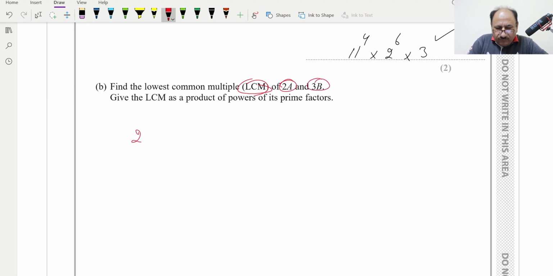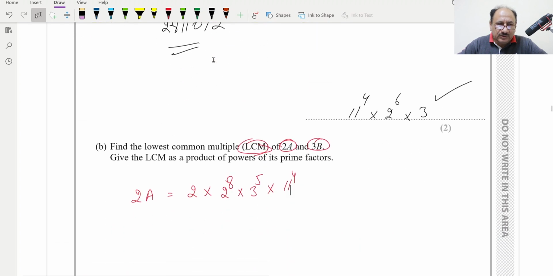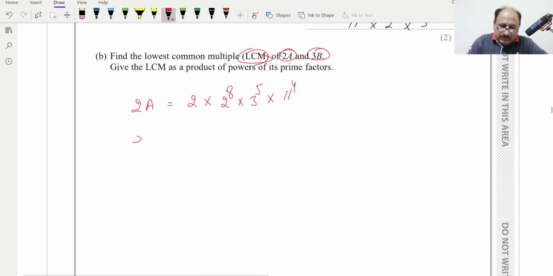So first of all, we will write 2A. 2A will be 2 multiplied by 2 raised to the power 8 into 3 raised to the power 5 into 11 raised to the power 4. So we have multiplied A with 2, and we will multiply B with 3, and we will write here 3B. So 3B will be 2 raised to the power 6 into 3 into 3 into 11 raised to the power 8.